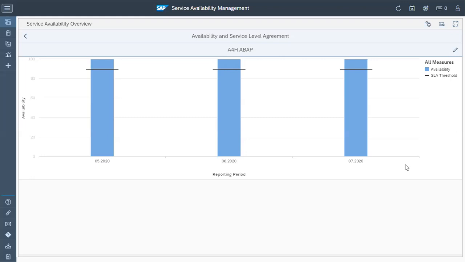So first of all, service availability management and system monitoring are different, but they are related to each other. I think you are aware that work mode management is an integral part of service availability management.